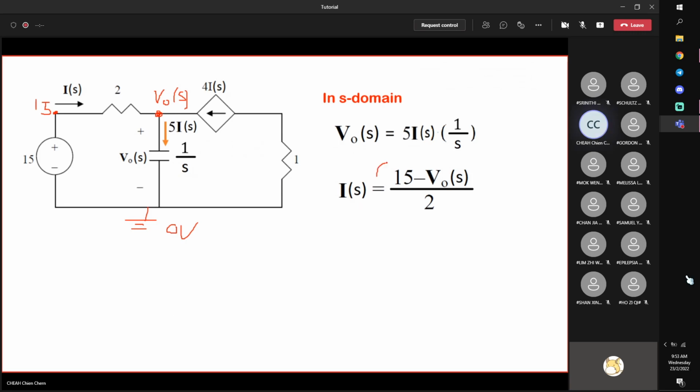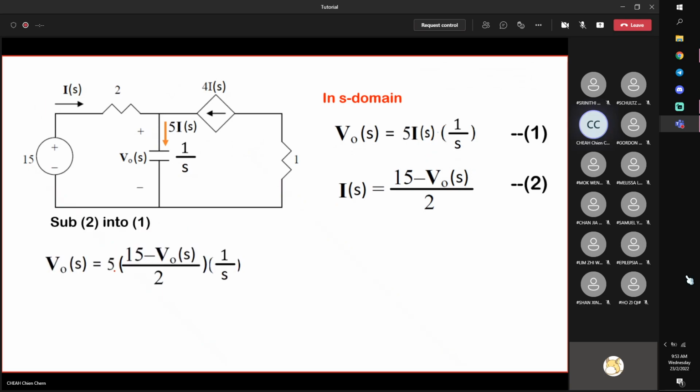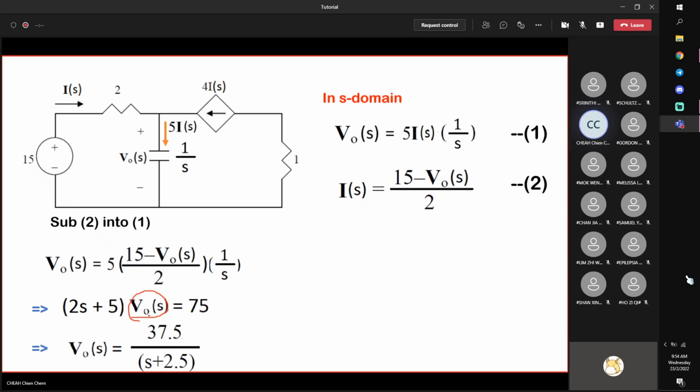After that I can just substitute this into here. Then I get everything in terms of V0. Once you get everything in terms of V0, you just do algebraic manipulation to get V0. Group all those with V0 together on one side.